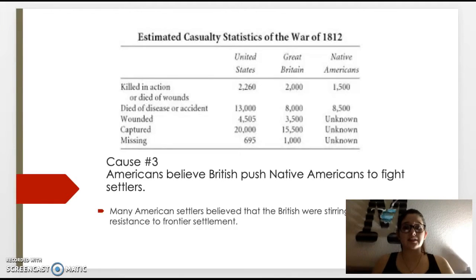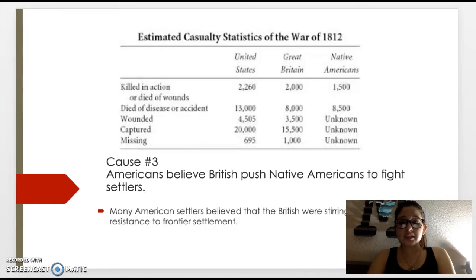Great Britain had 2,000. Native Americans alone had 1,500. Those are killed in action or died of wounds. Died of disease or accident, we had about 8,500 for Native Americans. Wounded, captured, or missing are unknown. And I doubt we'll know anything anytime soon, which is sad, and I wish we could know that.